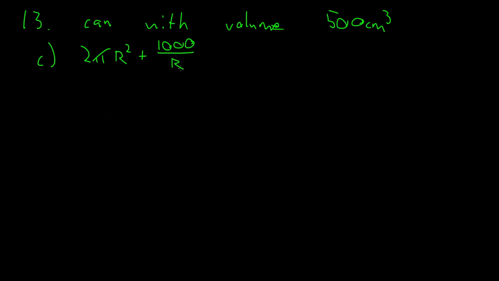Sorry, 1000 divided by radius. I don't know why I keep saying pi. So we'll rewrite that as 2 pi r squared plus 1000 r to the power of minus 1, which we can then take the derivative of.